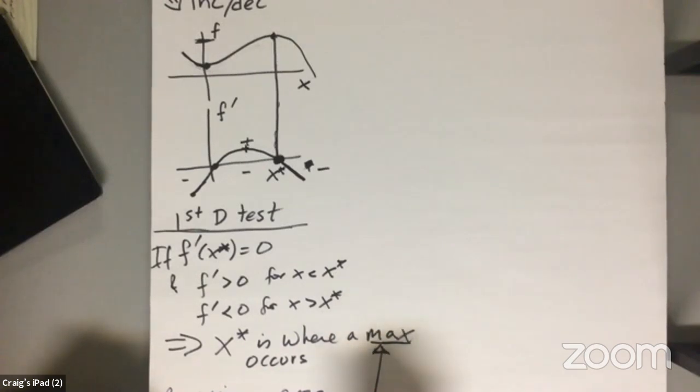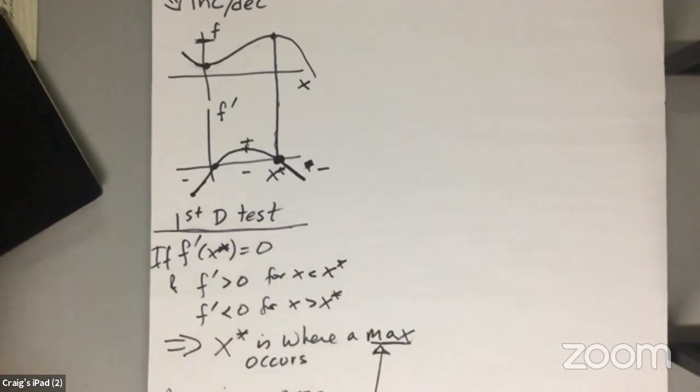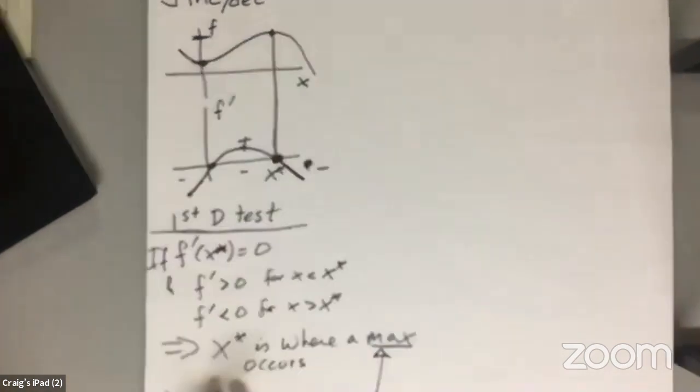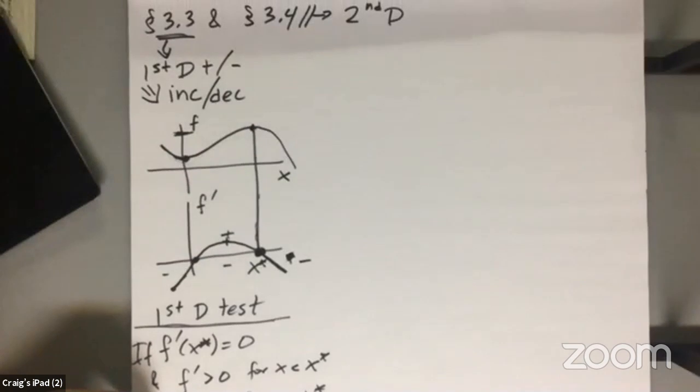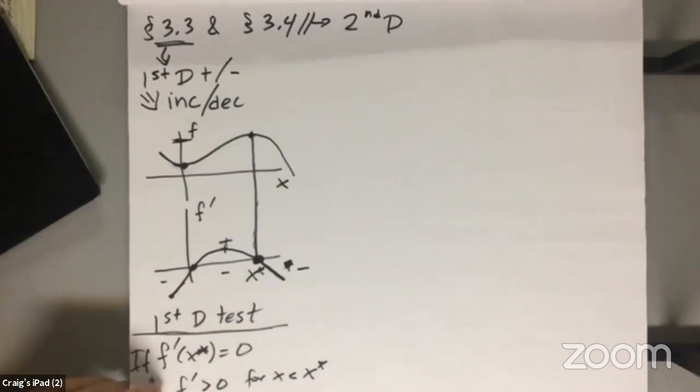But also these are for a relative max is all we're going to find out from the first derivative test. So let's do an example. Okay, let's do example 3.3.1 in the text and illustrate the first derivative test.